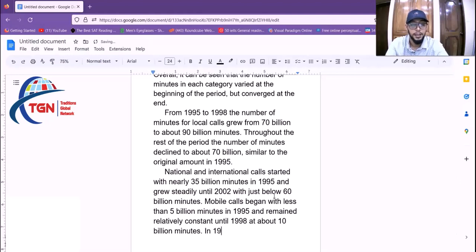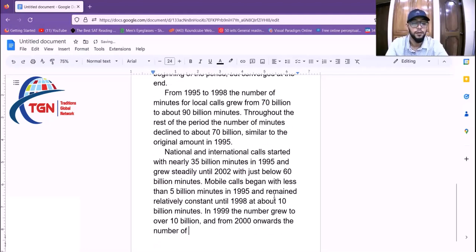In 1998 or 1999, the number grew to over 10 billion, and from 2000 onwards, the number of minutes grew, or let's just say increased rapidly to, let's say, how much was it?